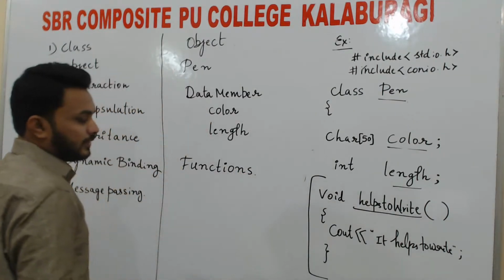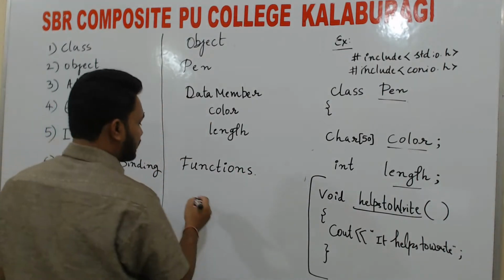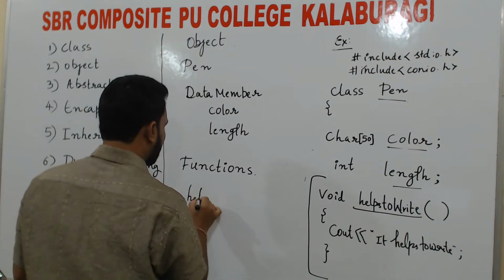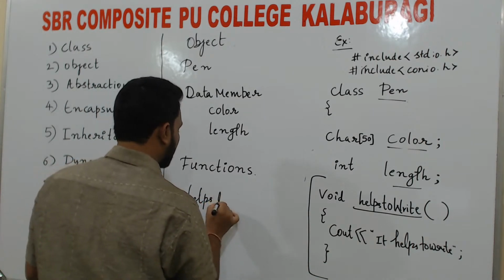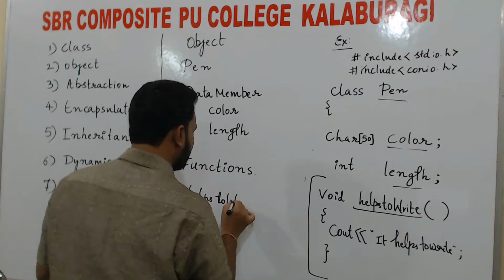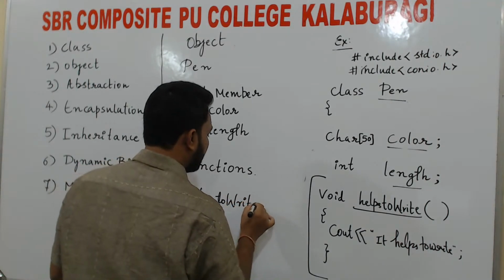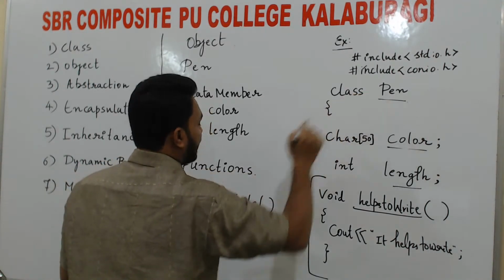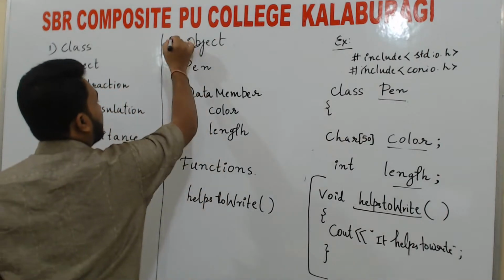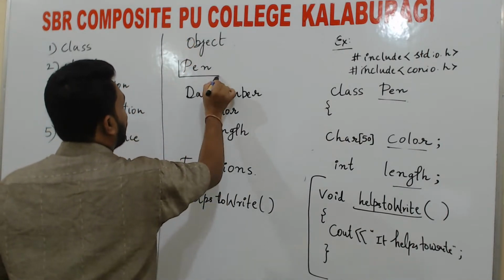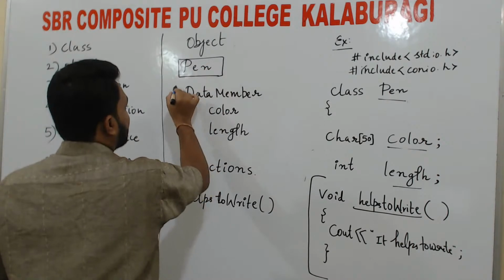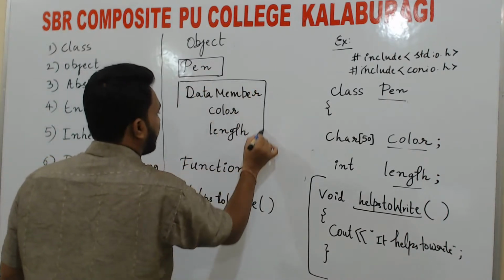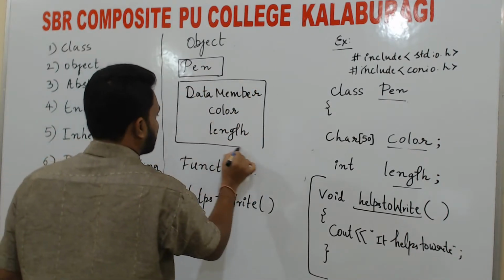Okay. So which function does it include? Helps to write. This is a function which we are inserting inside the pen object. So this is a pen object. Inside the pen object we have data members.